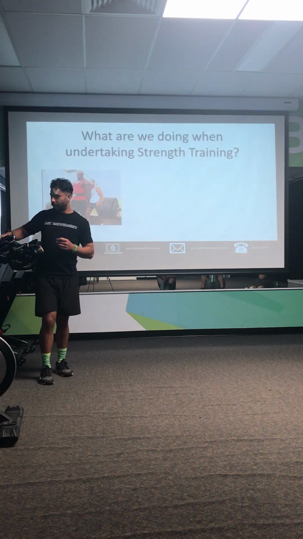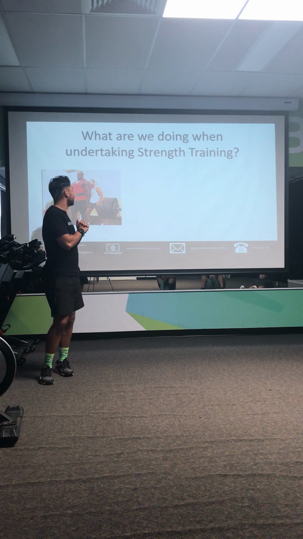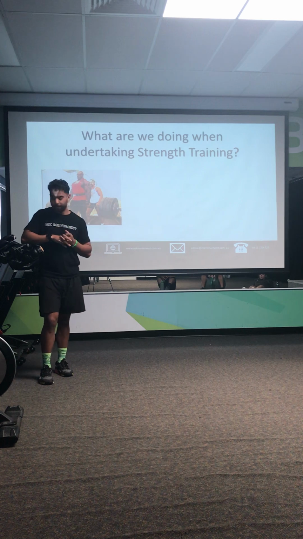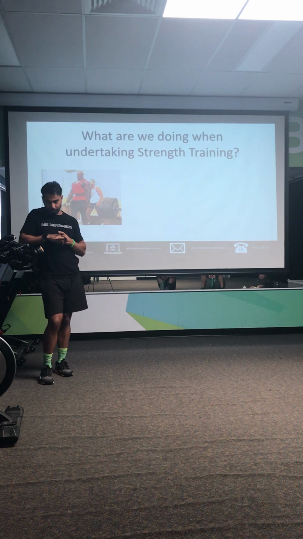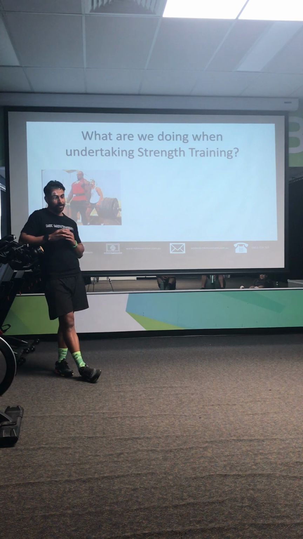So to start with, what are we doing when undertaking strength training? Putting our muscles under stress. Good. Loading muscle fibers. Or some micro tears. Good. What are we doing? Lifting weights. When doing strength training, what are we doing? Zach?